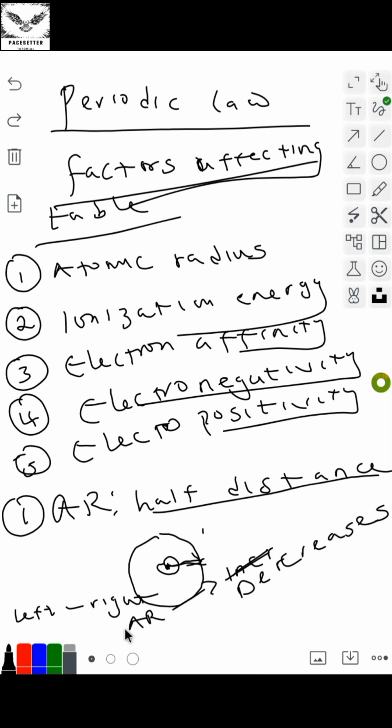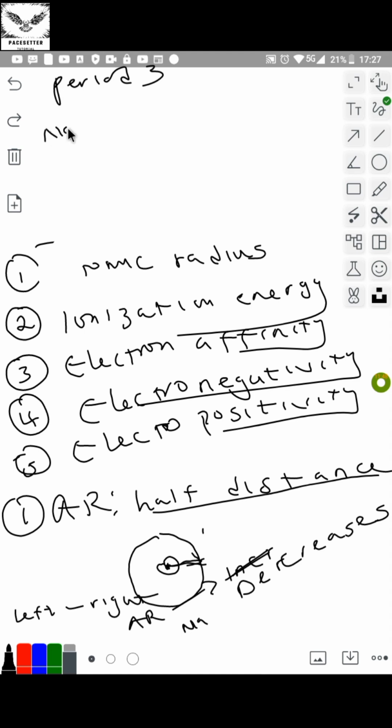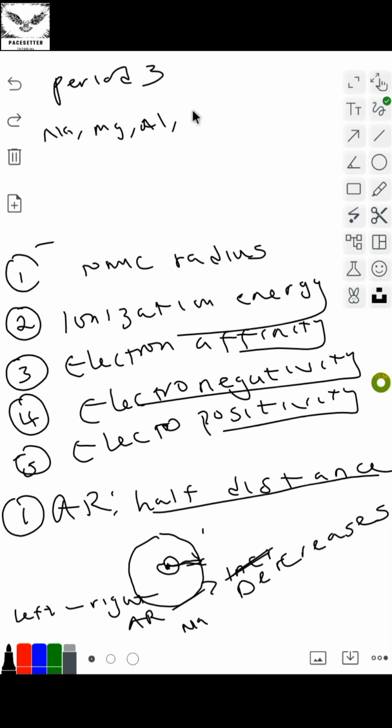The reason is because as you move from left to right, let's say period 3, where you have sodium, magnesium, aluminum, silicon, phosphorus, sulfur, chlorine, and argon.